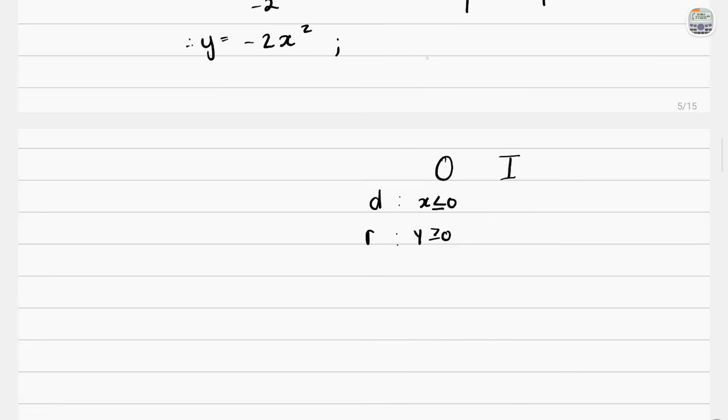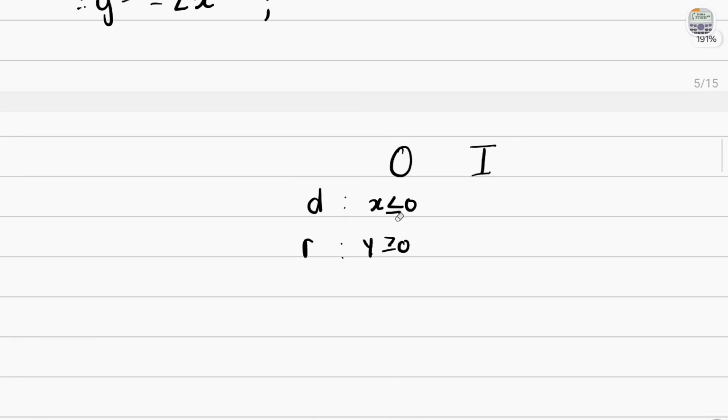So we can say this is where y is greater than or equal to 0. And then this is how we find the domain of this. The relationship between the original and the inverse graph works like this. The same way x and y swap is the same way the domain and the range will also swap. So if the original's domain was x is less than or equal to 0, the inverse's range will be y is less than or equal to 0.